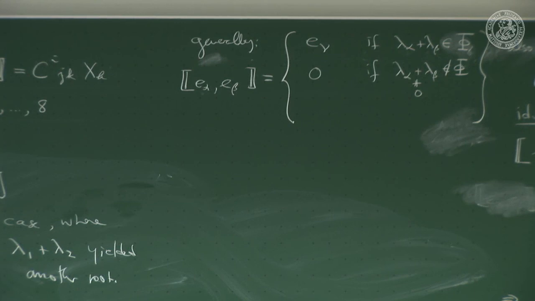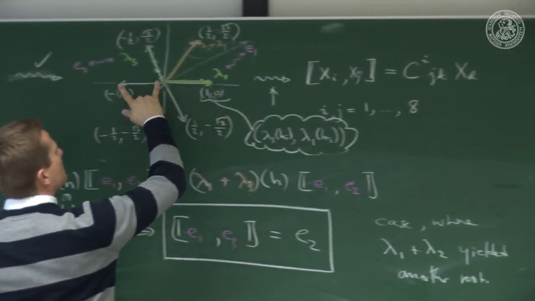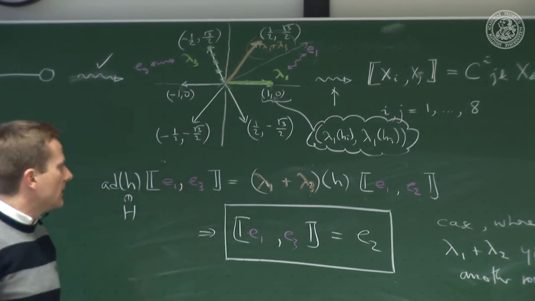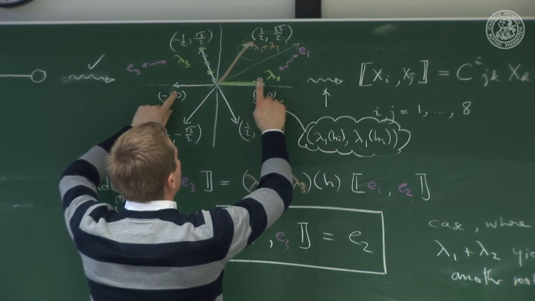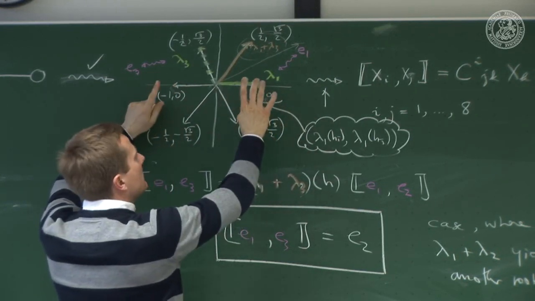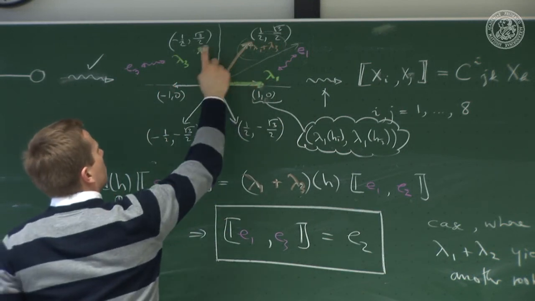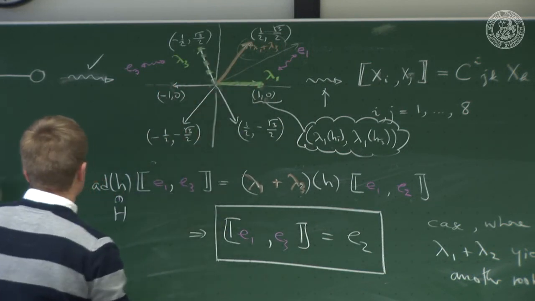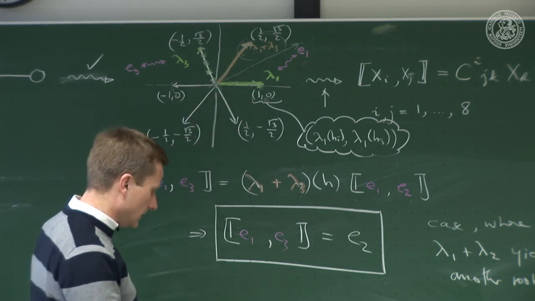But then there's a third case, that is, you take, for instance, this root and you take that root. So you take these opposite roots, but of course the corresponding eigenvectors are not linearly dependent. E1 and E4, you know, they're linearly independent. The roots are not, but the corresponding eigenvectors are.